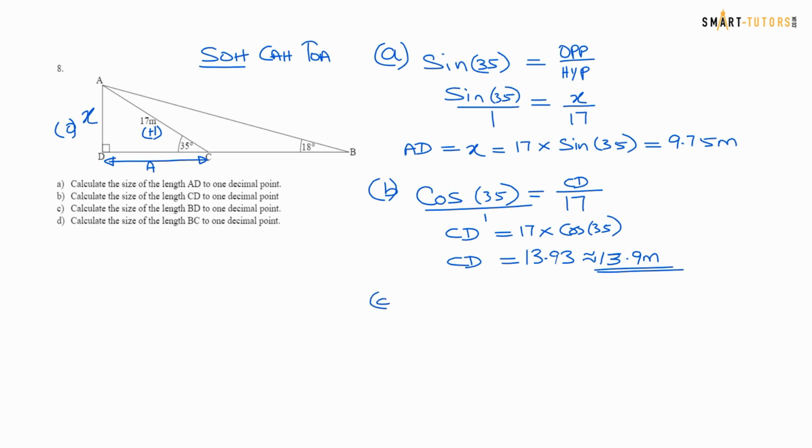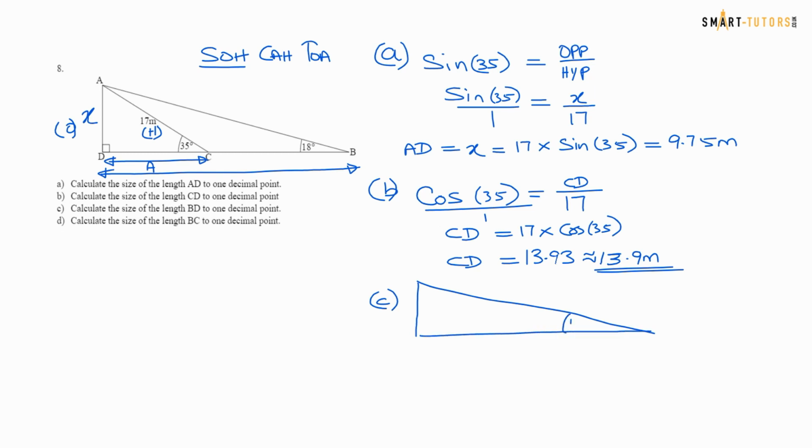Question number C. Calculate the size of the length BD. So BD means here to here. So the BD is, if you consider the big right angle, so let me draw the right angle so then we know exactly what we are applying the formula for.